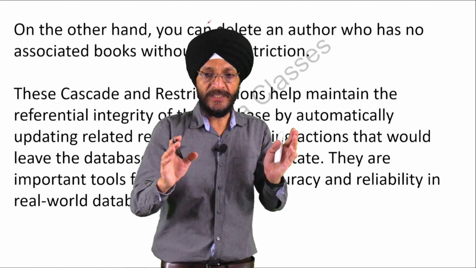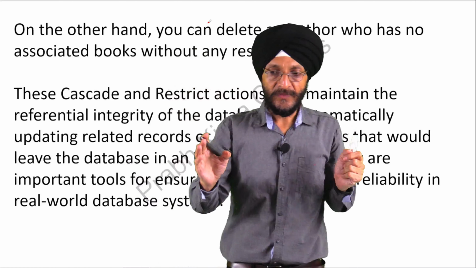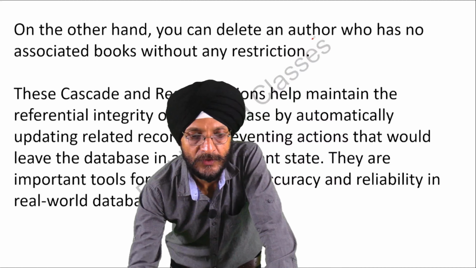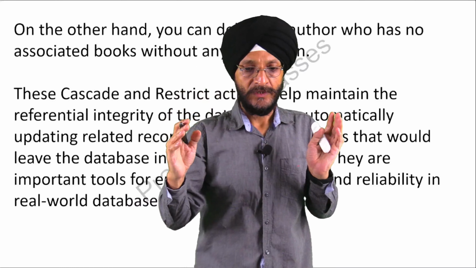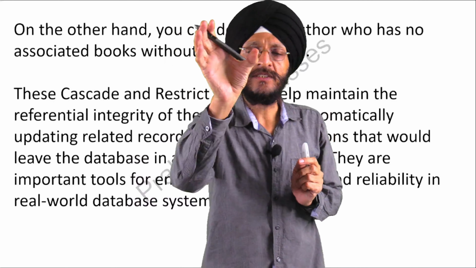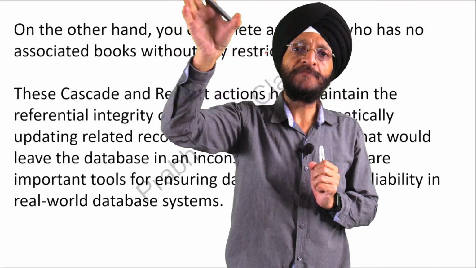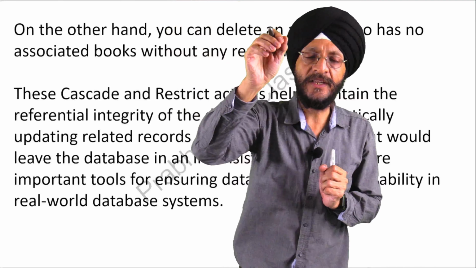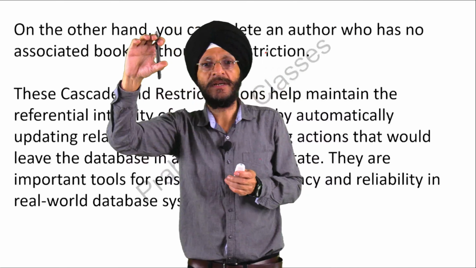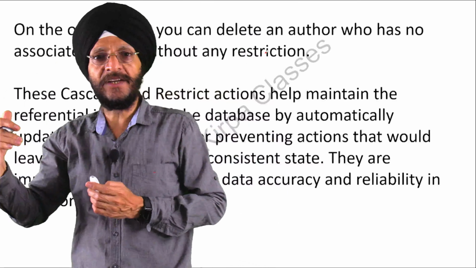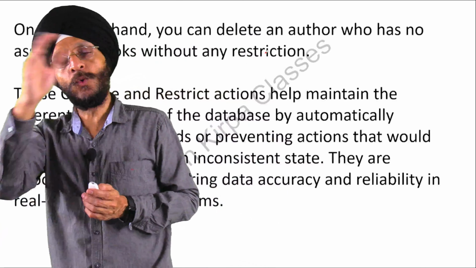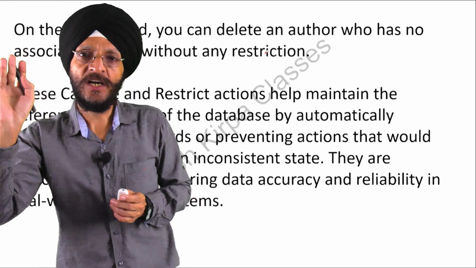If there is an author which is existing in the authors table, but it is not having any book to his credit in the books table, you can delete it altogether.